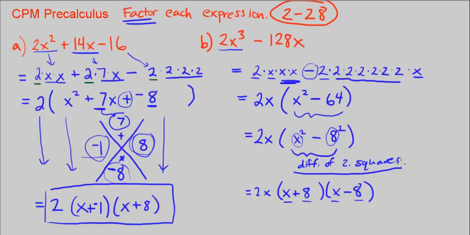That's the difference of two squares. Now I have factored this, and can I factor any of these more? Can I factor 2 more? No. x more? No. x plus 8? No. x minus 8? No. So I'm done. I boxed my answer, and this is the factoring for part B. So this ends CPM Precalculus Chapter 2, number 28.